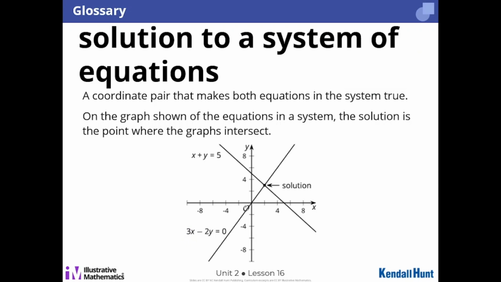Our next glossary term is solution to a system of equations, a coordinate pair that makes both equations in the system true. On the graph shown of the equations in a system, the solution is the point where the graphs intersect.